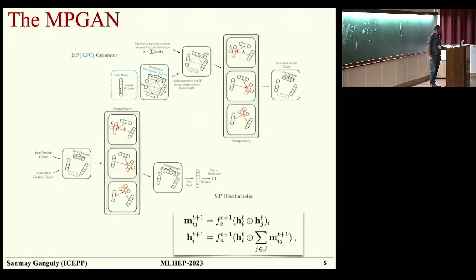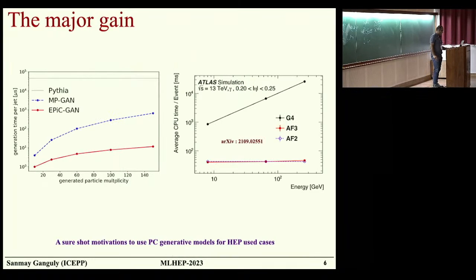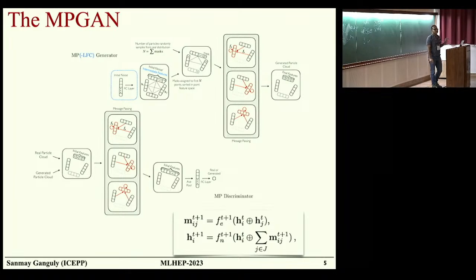Right. Now there is another paper which I find pretty interesting. So the previous one was a deep set kind of thing, and then another paper tries to do exactly a similar kind of task, but instead of a deep set layer, they formed a message passing layer, and they called it message passing GAN.